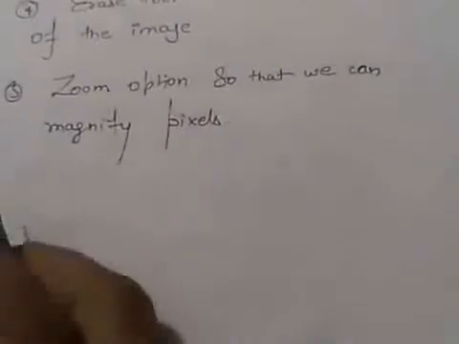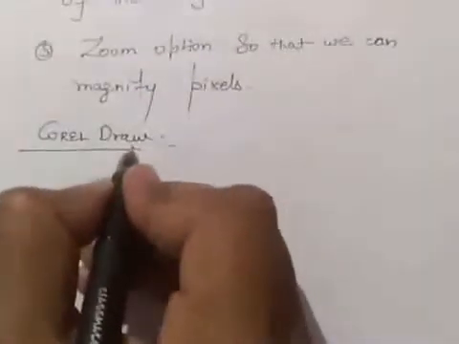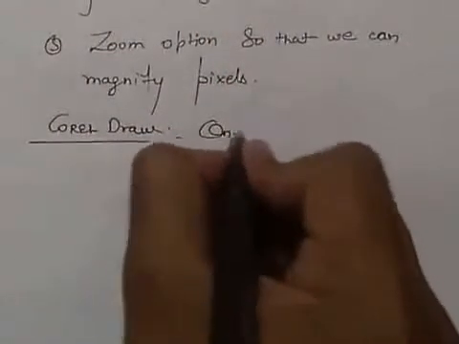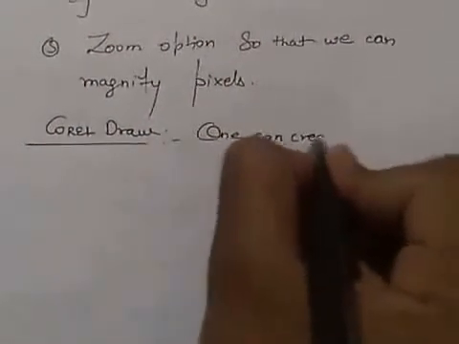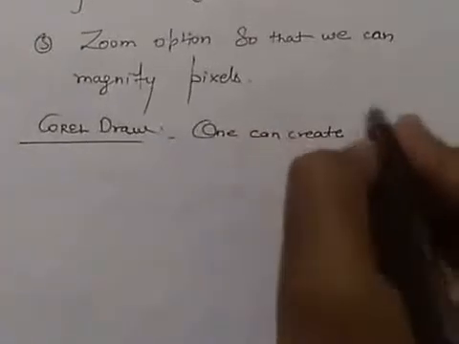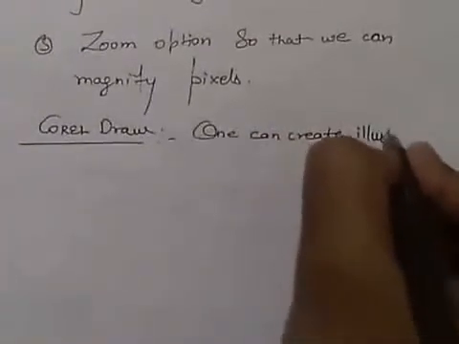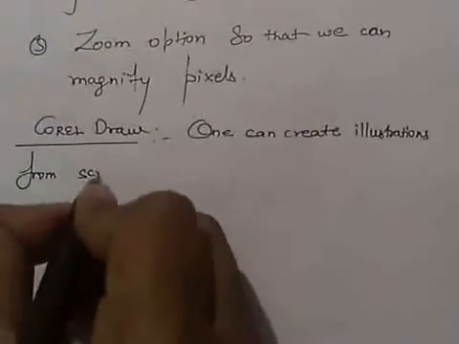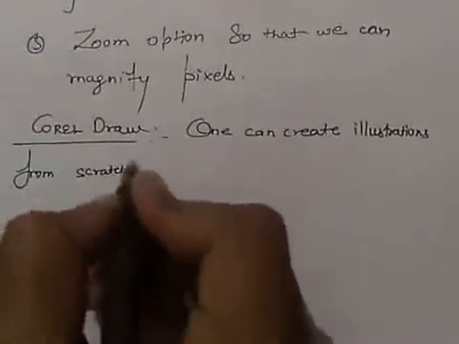Now let us take some software examples. To understand the painting and drawing tool, let us take the example of CorelDRAW. Now in CorelDRAW, one can create illustrations from scratch, meaning at the root level.